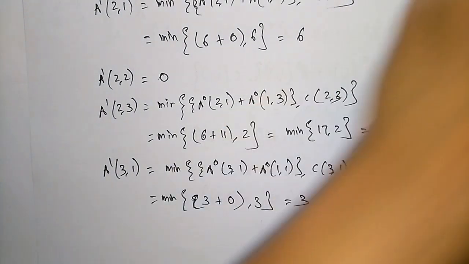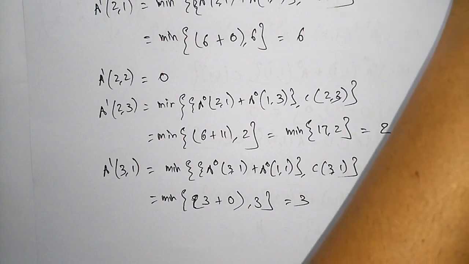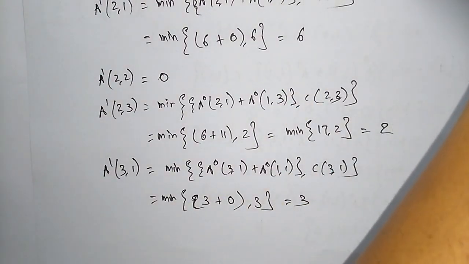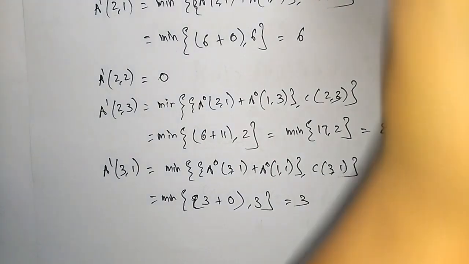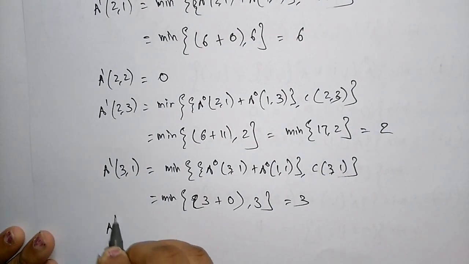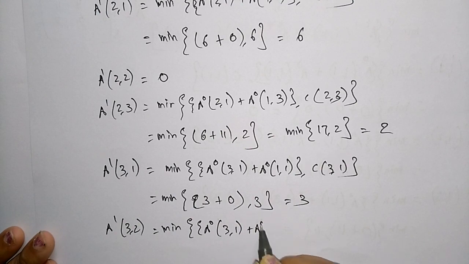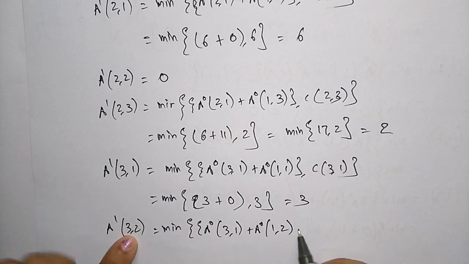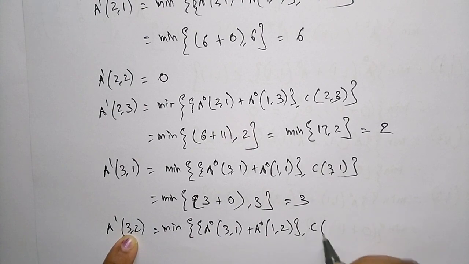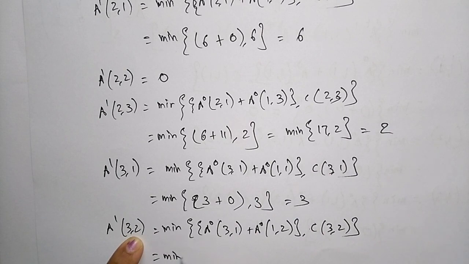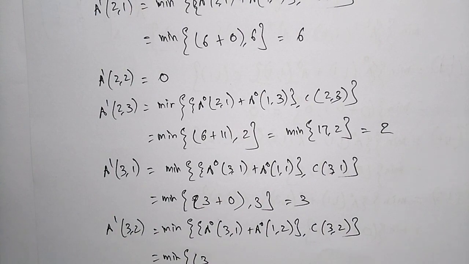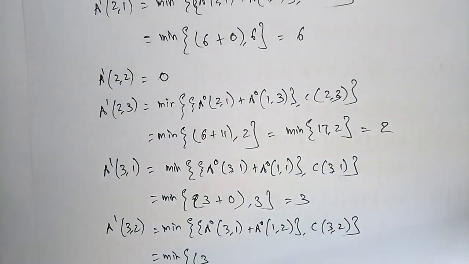Okay, in the same way, next I take A1 of 3 comma 2. That is the minimum of A0 of 3 comma 1 plus A0 of 1 comma 2, that is K comma J, comma C of I comma J, which is 3 comma 2. Now write A0 of 3 comma 1, which is 3. Now check 1 comma 2. A0 of 1 comma 2 is 4.